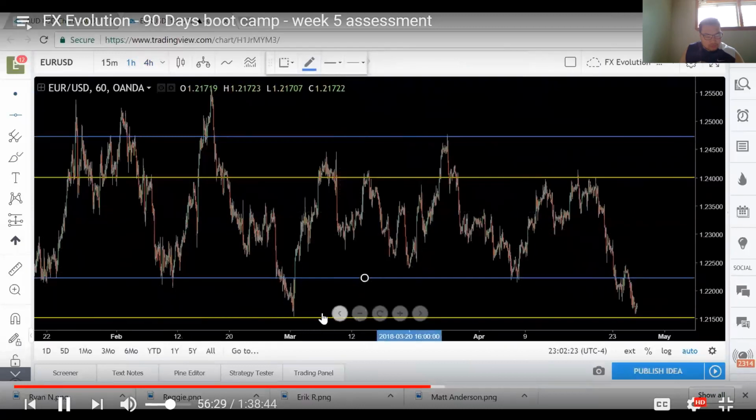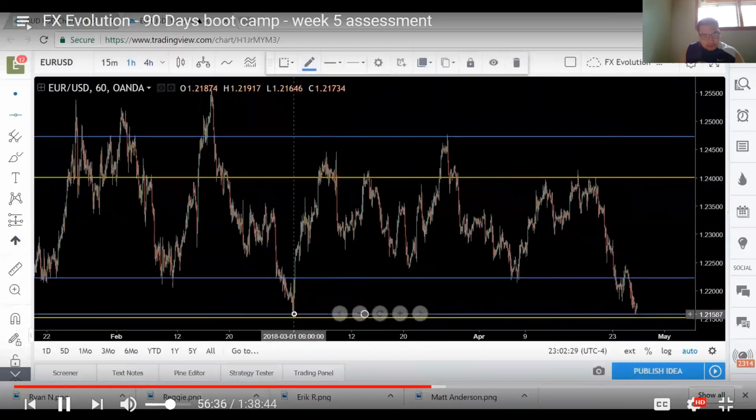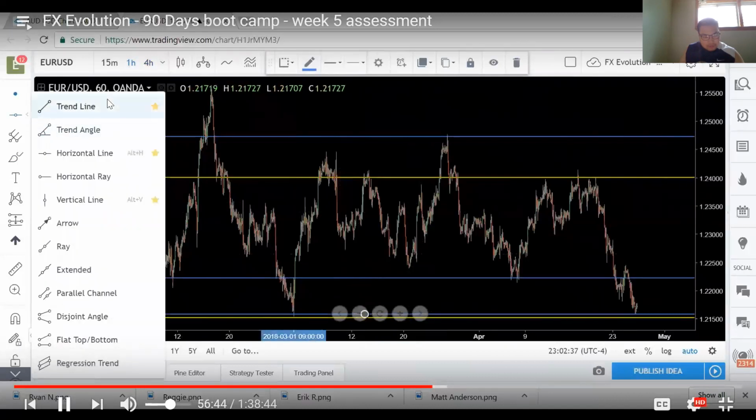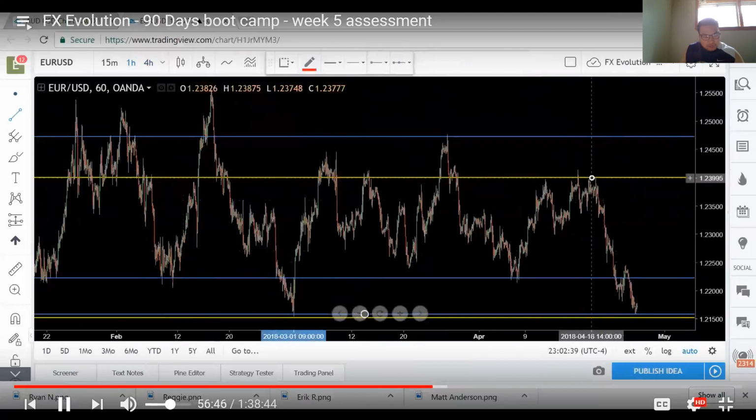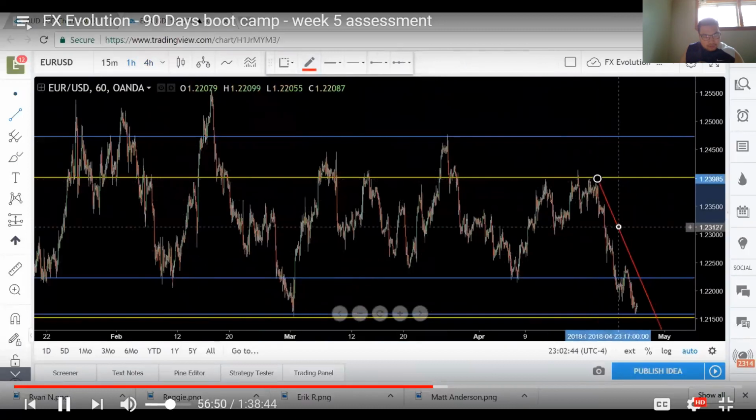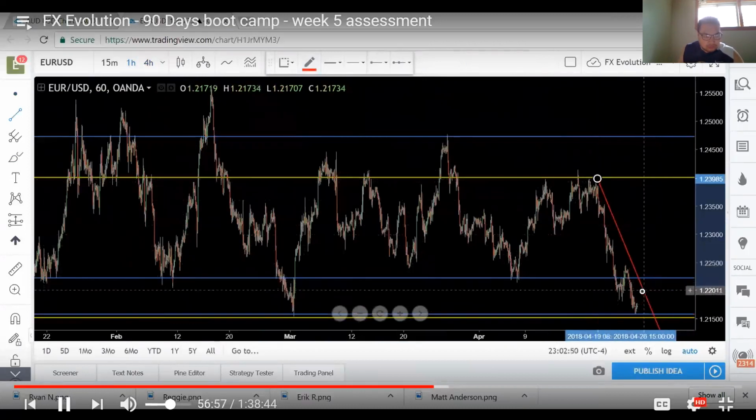Should I have done one down here with my resistance here and my support higher? Okay. Give me a trend line on the 1 hour. Very good. Now, looking at this, give me an entry point.